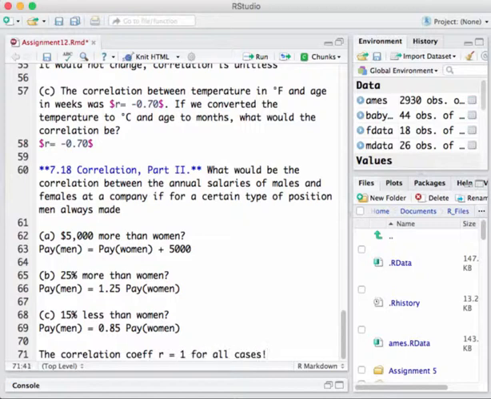Now, why is that? You've got to realize that the correlation will be exactly 1 because each of our mock scenarios here is fixed. They're what we call deterministic. In other words, you give me a pay for the women and it totally predicts what the pay for the men is going to be. In the real world, that is not the way it works.